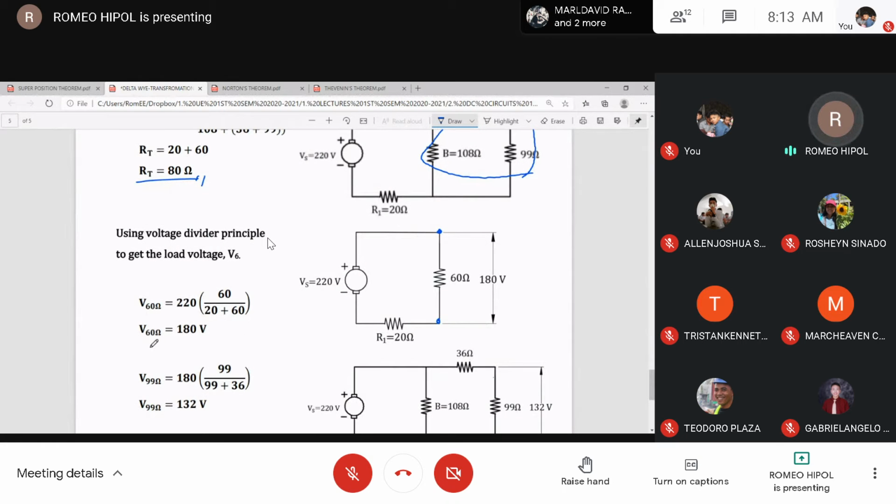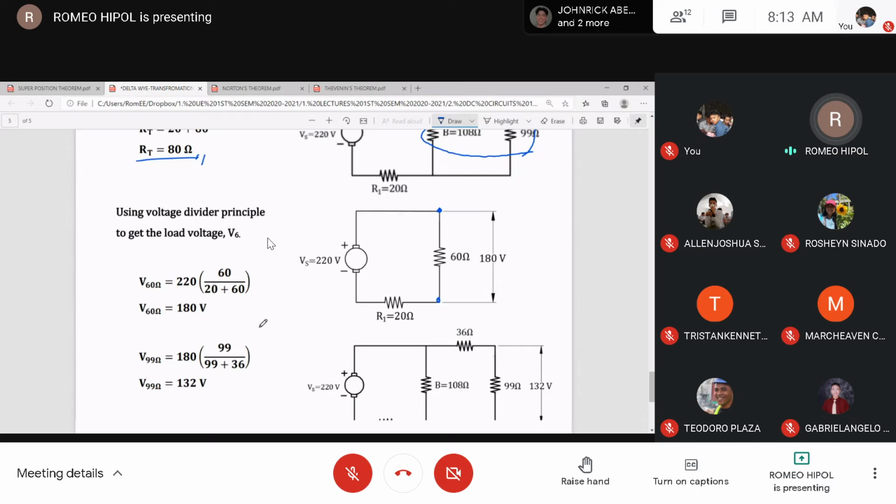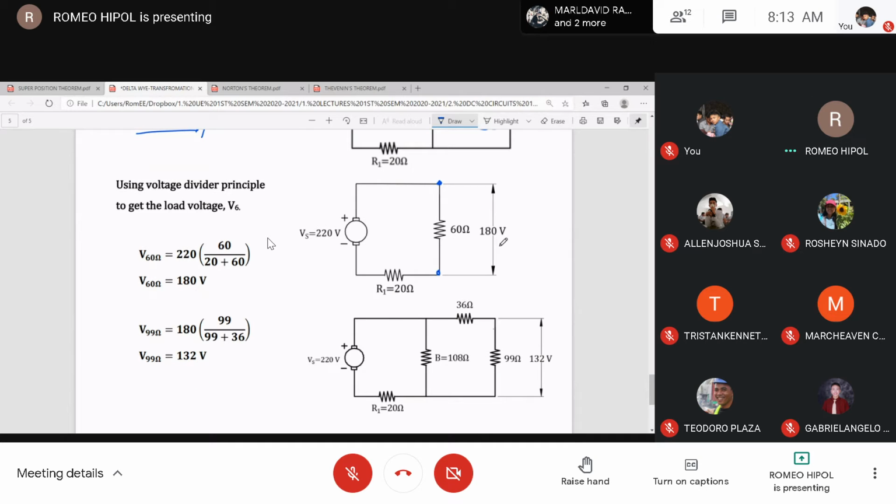Okay, you have the formula. Voltage divider, 220 for supply multiplied by 60 divided by the sum of the series connected resistors of this branch. So, we have an equivalent of 180 volt output. Okay, next step.